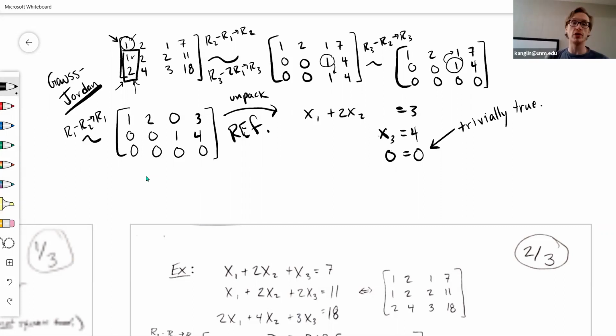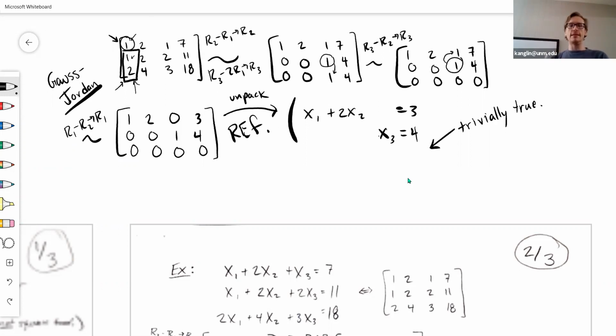It doesn't impose any restrictions on our x1, x2, and x3 solution values. It's just an extra equation that adds nothing. So we can actually get rid of this. No matter what we choose for our variables, it's always going to be true that 0 equals 0. This last equation is always satisfied, independent of our x1, x2, and x3 values. We drop the equation completely, and we're left with just these two equations.